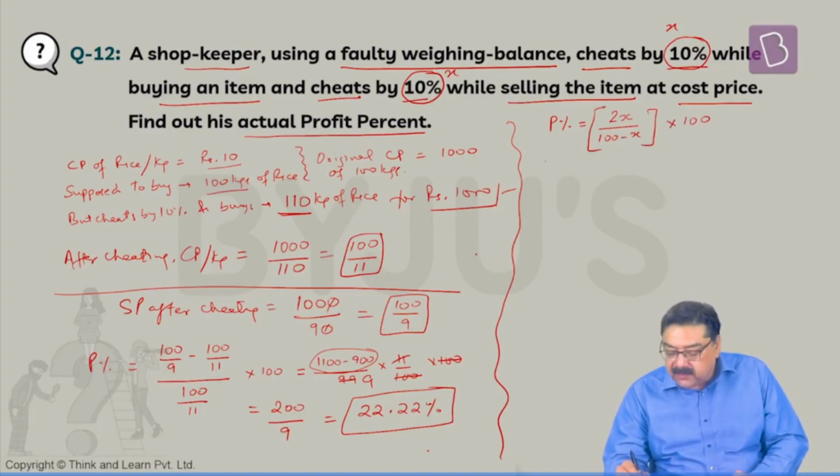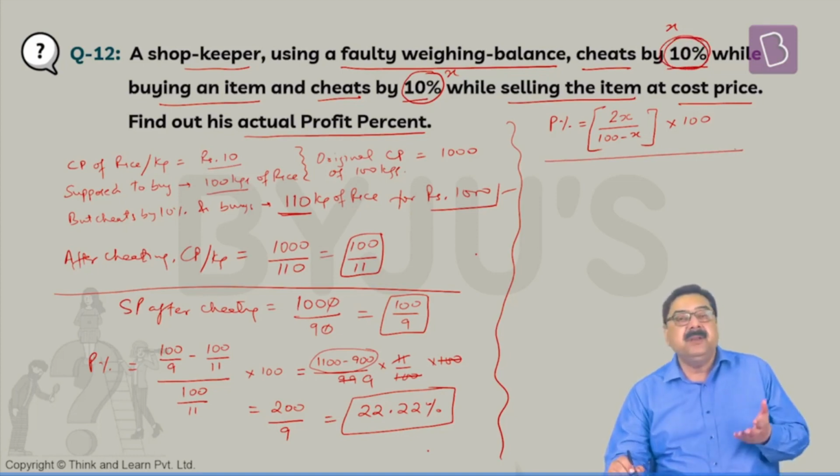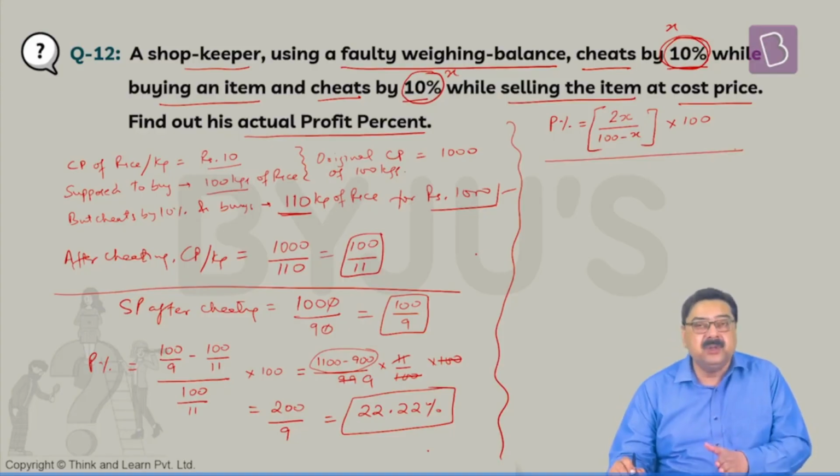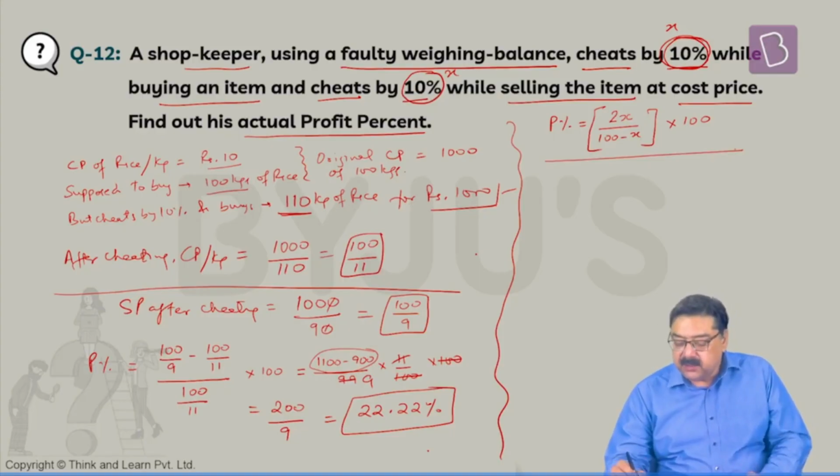Now employing this formula, when we know that X% is the cheating that happens while buying and X% is the cheating while selling the item also. If this X happens to be the same, then use the formula 2X by (100 minus X) into 100. Now this shall become 2 into 10 by (100 minus 10). This has to be into 100. So 20 by 90 into 100, zeros cancel.